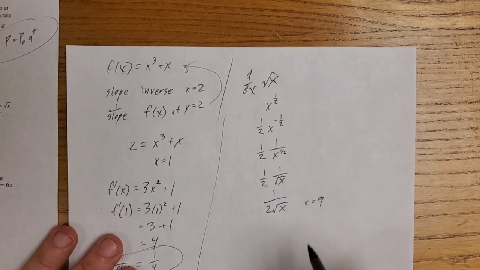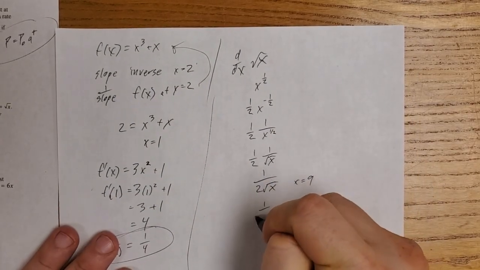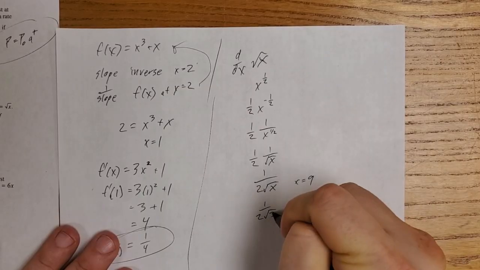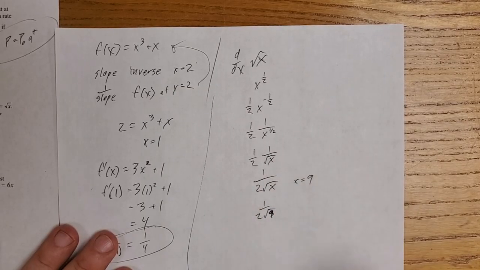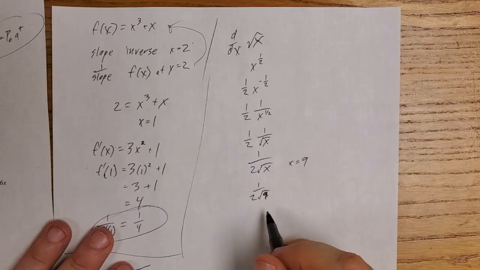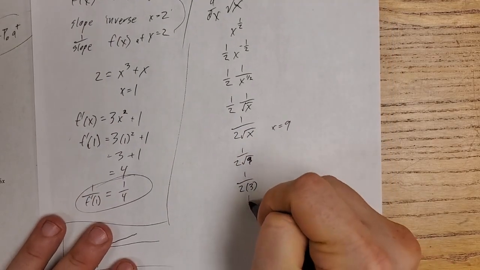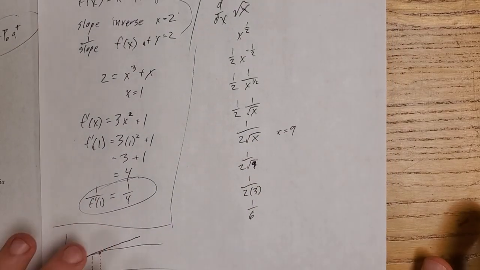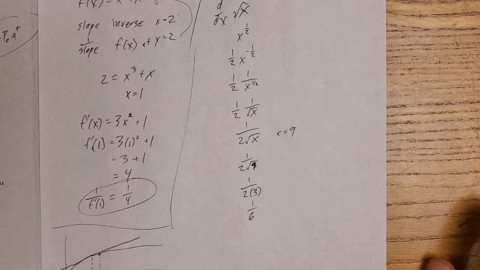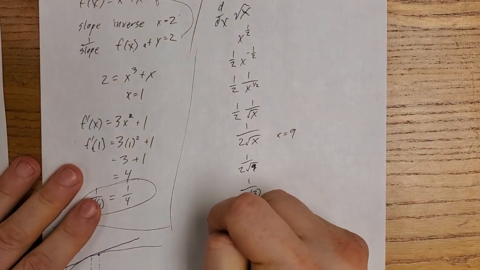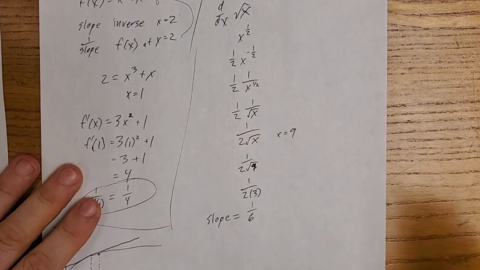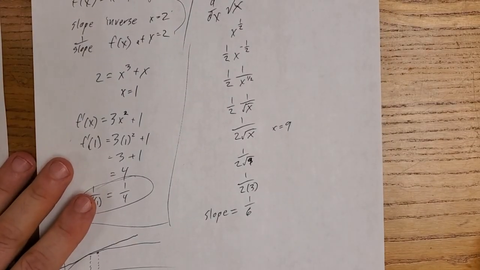So we want to know all this where x equals 9. So we can go ahead and fill that in. Square root of 9, that becomes 3. That becomes 1/6. So the slope of that tangent line is 1/6.